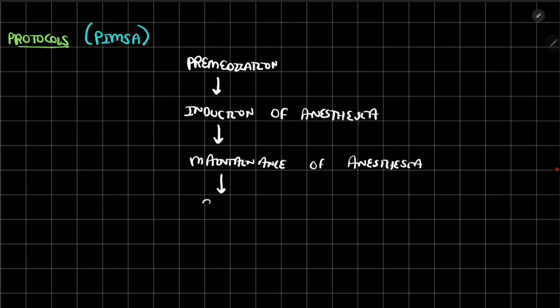S is skeletal muscle relaxants. And what does A stand for? A stands for analgesia. So these are the protocols which we have to follow in the use of general anesthesia.